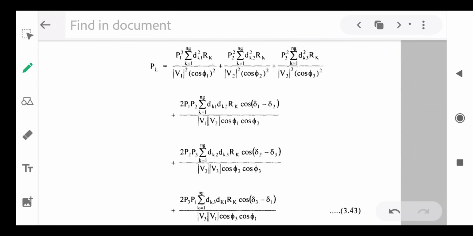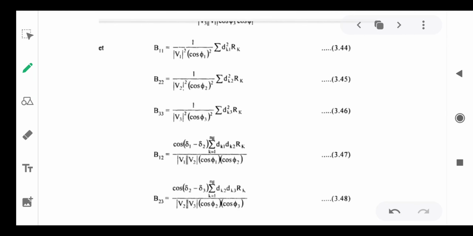And here PL is equal to individual terms 1, 2, 3 and mutual terms 1, 2, 3. So from the expressions you can understand how to derive the expressions for B11, B22, B33.